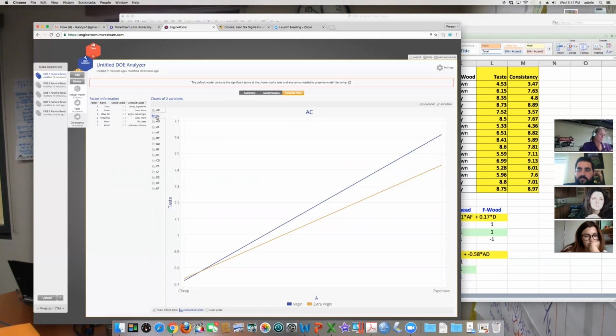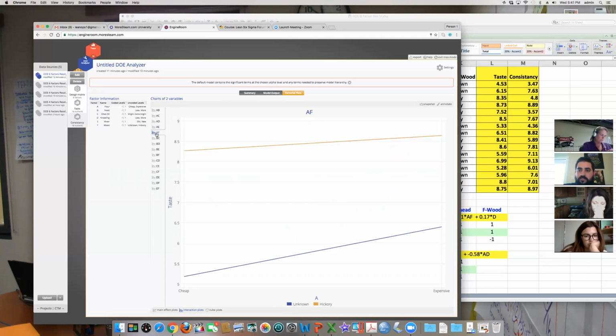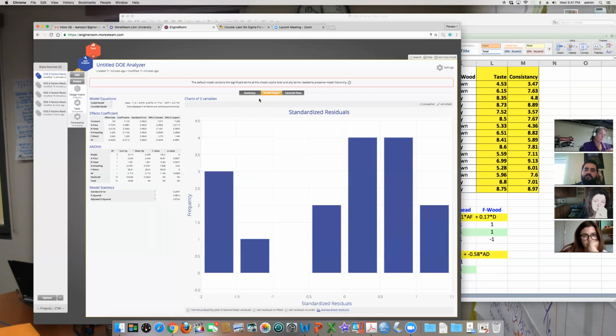but A and C wasn't significant in the model. The thing that was significant, let's see, was AF. So I'm going to click on that. So AF was significant, right? I'm not seeing the AF significance there on the interaction. Let me go back to my model.